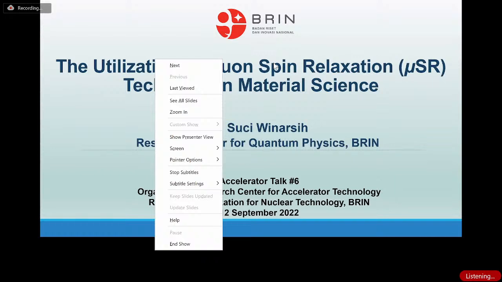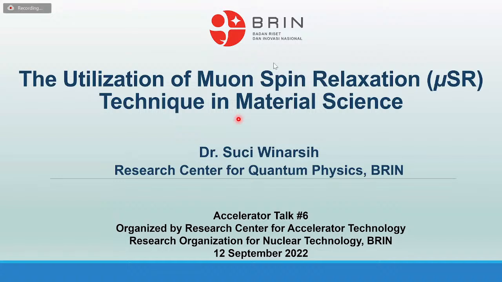Today we are discussing the accelerator synchrotron, from its technique until its utilization in material science. Previous speakers already mentioned neutron scattering and also XRD to investigate the properties of material. In our study, we investigate the magnetic structure using muon spin relaxation.